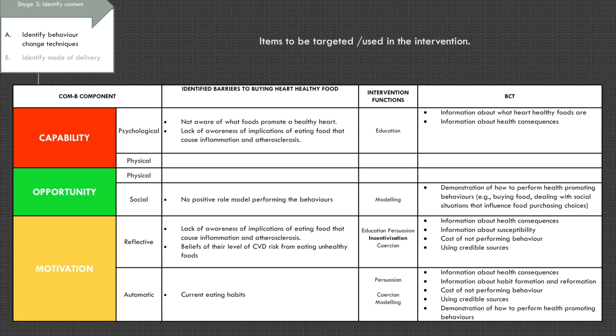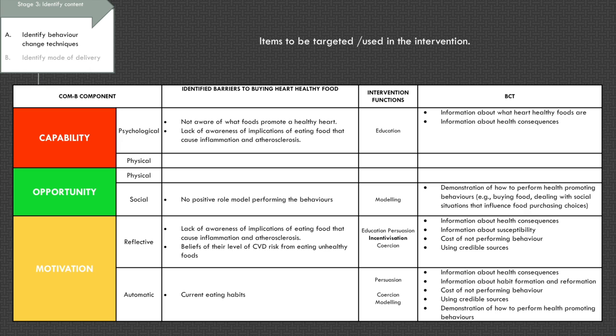So what I will do, I'll provide some information to demonstrate the difference between heart healthy food and heart clogging food. And I'll ensure that this information comes from a credible source, whether that's a research paper, health professional, another peer, or maybe Heartbeat staff.